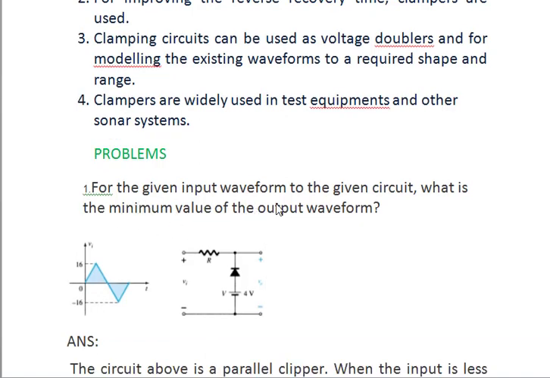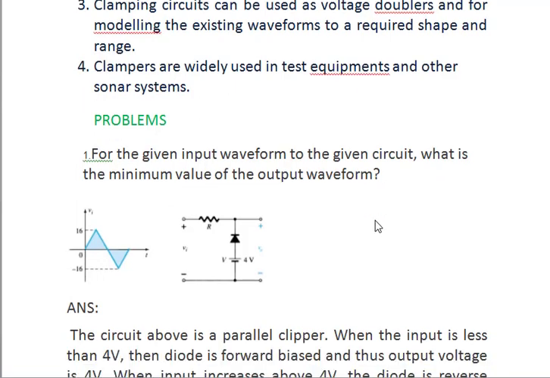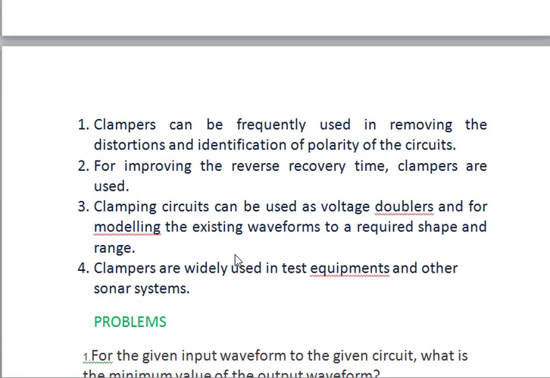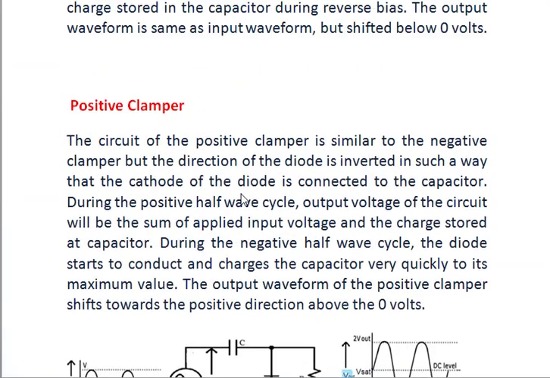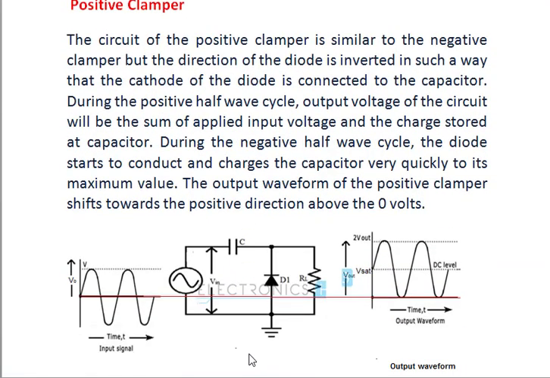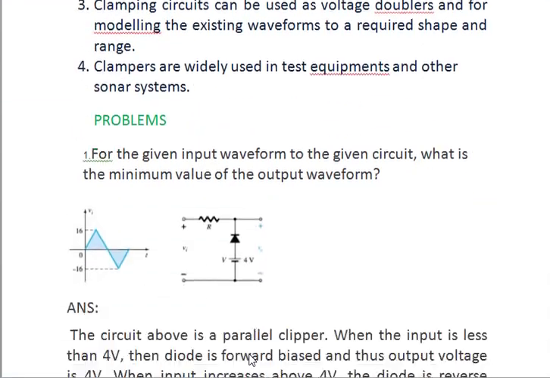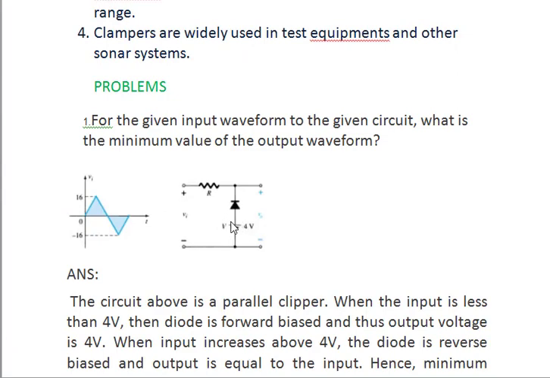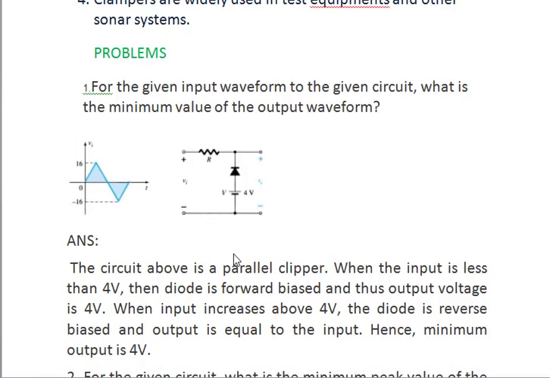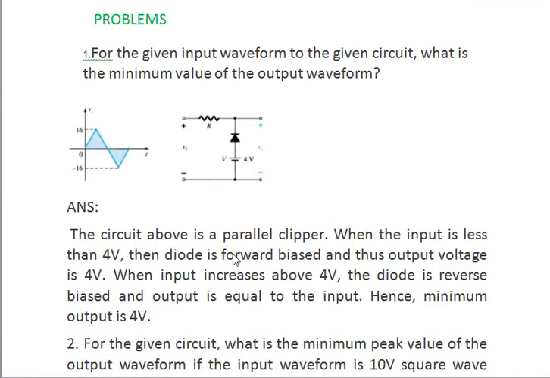For the given input waveform to the given circuit, what is the minimum value of the output waveform? See here, this circuit is nothing but a positive clamper circuit. Additionally, a voltage source is connected here. So how will you solve?